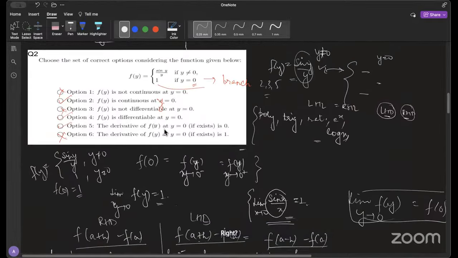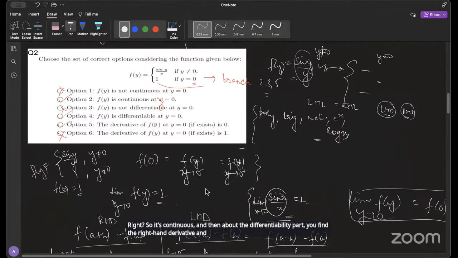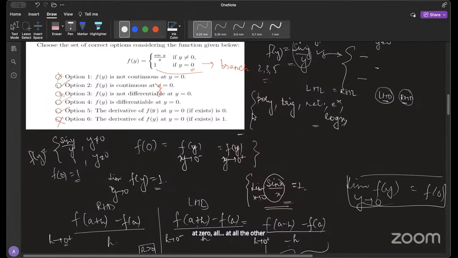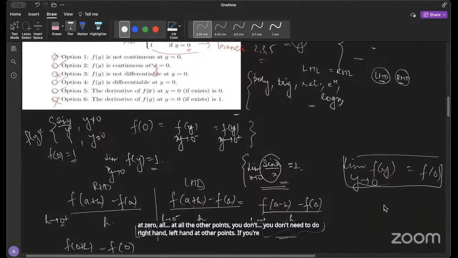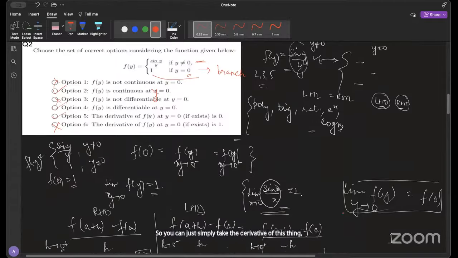So it's continuous. And then about the differentiability part, you find the right hand derivative and left hand derivative separately because it's a branch function and it's breaking at 0. At all the other points, you don't need to do right hand, left hand. If you are asked the differentiability of this function at 1, 1 falls in this branch, so you can just simply take the derivative of this thing and put 1 in that.